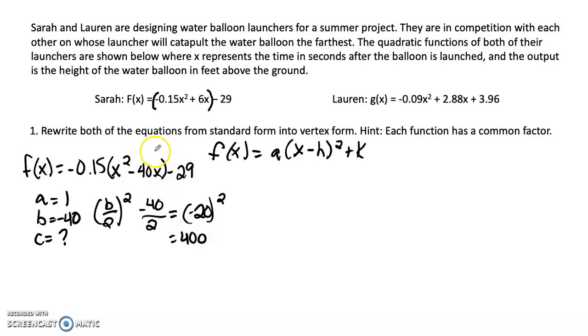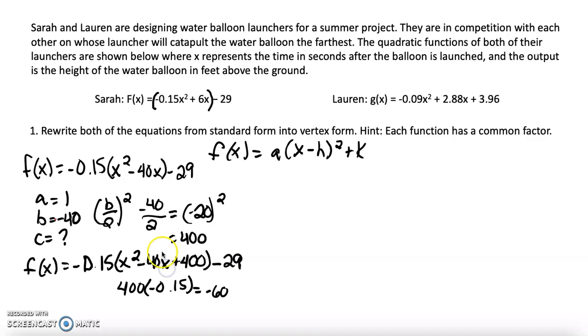So 400 is going to go right after the negative 40x in the parentheses. All right, so here's where we completed the square.